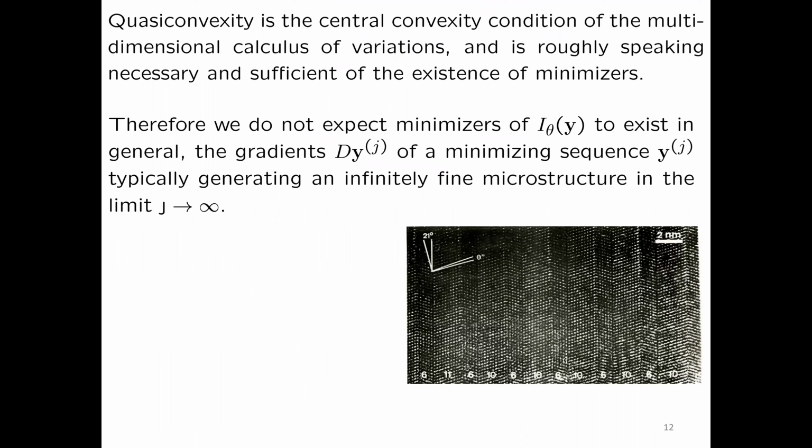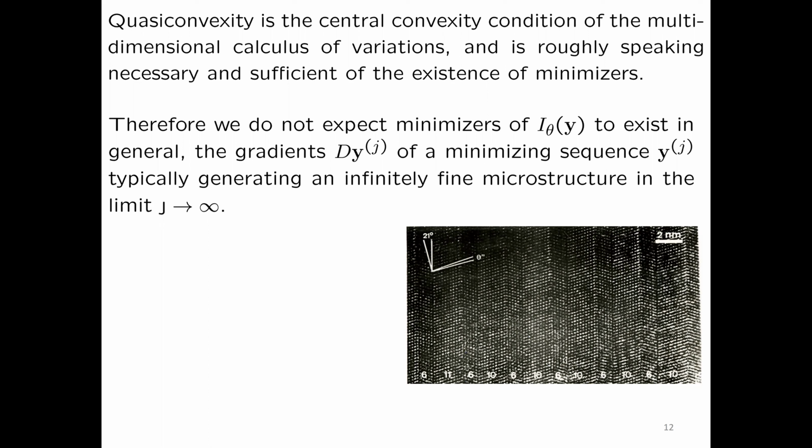So we expect then that the minimizers of our integral will not exist in general. And that's the case. In general, we minimize the energy with respect to some boundary data, for example. And typically what will happen is that we'll get minimizing sequences y_j. They will not converge to minimizers because there isn't a minimizer.